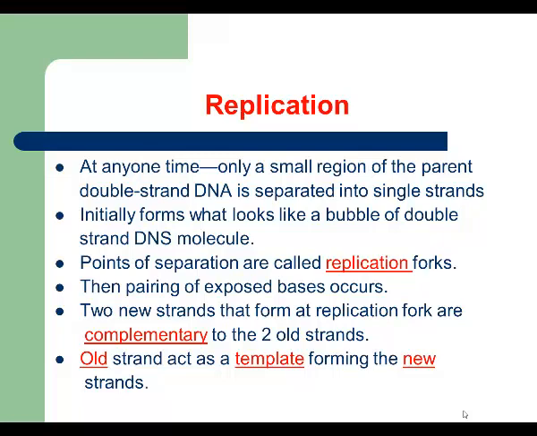You don't have to memorize their names. Within that bubble, the two strands of the double-stranded DNA molecule will be separated. When the two strands of double-stranded DNA are separated, bases will be exposed, and the 2 points of separation are called replication forks.